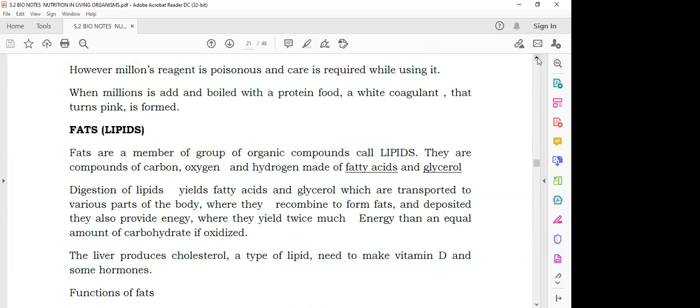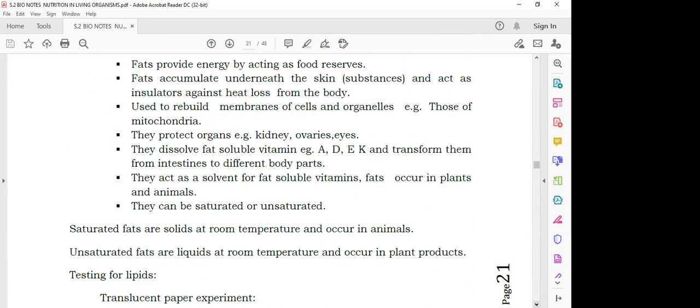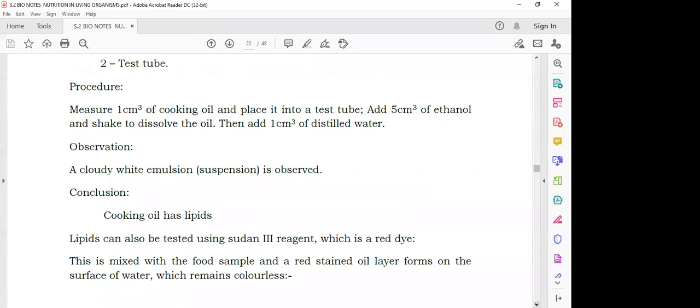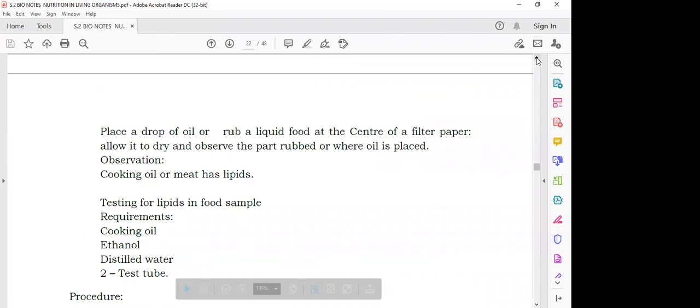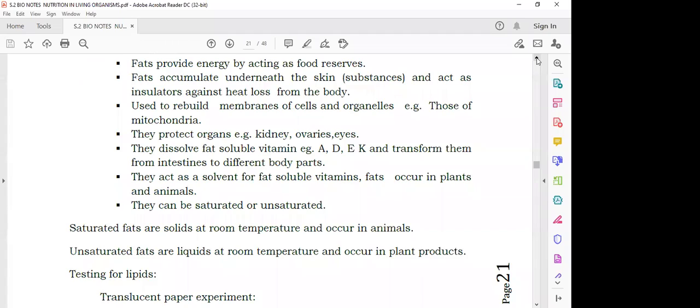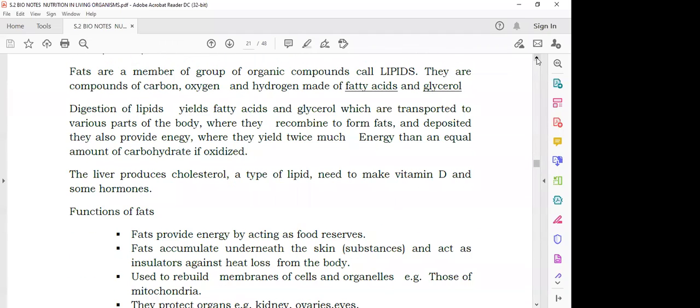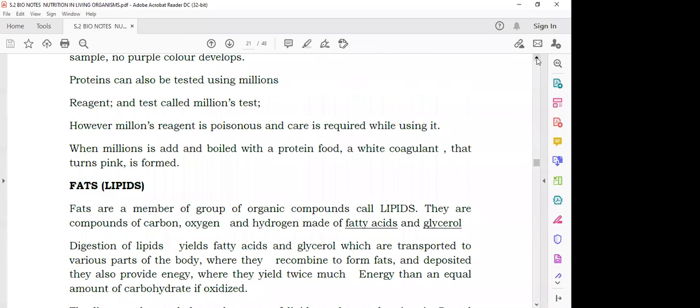We have about 7 minutes to the end of the lesson. We can go to the next food nutrients if there is no particular question. Any question? Yes, you can ask.